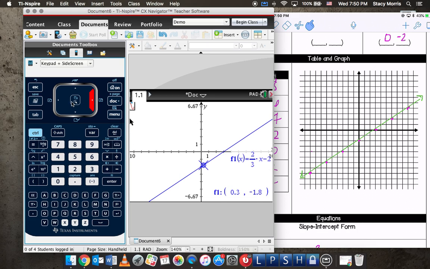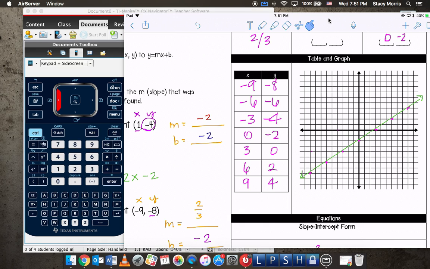Remember, if I scroll off of it and then come back, the yellow box will pop up and say, hey, this is the y-intercept. So I'm going to scroll towards my x-intercept, which is going to be right there. Hopefully you see that that's 3, 0, but it's going to tell you your 0 or your x-intercept is 3, 0. If you don't see the box, remember, scroll off of it again and come back and it'll say 0. That yellow box is telling you that's your 0. So our 0 here, or our x-intercept, is 3, 0.